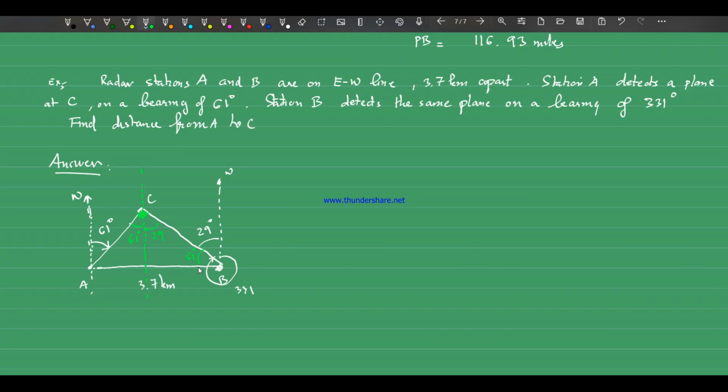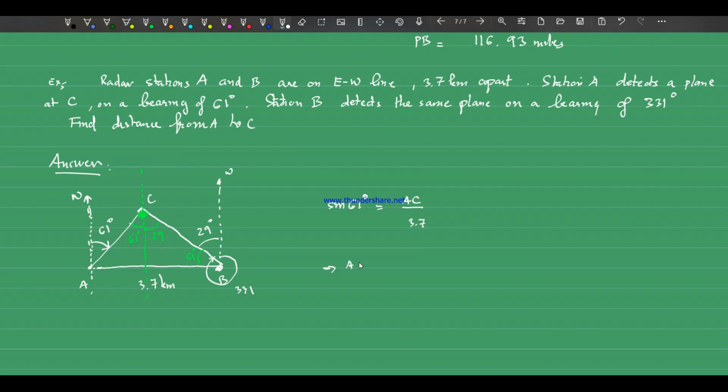So we can use sine, which is opposite over hypotenuse. Sine 61 degrees equals the opposite, AC, which is what we want to find, over the hypotenuse, 3.7.